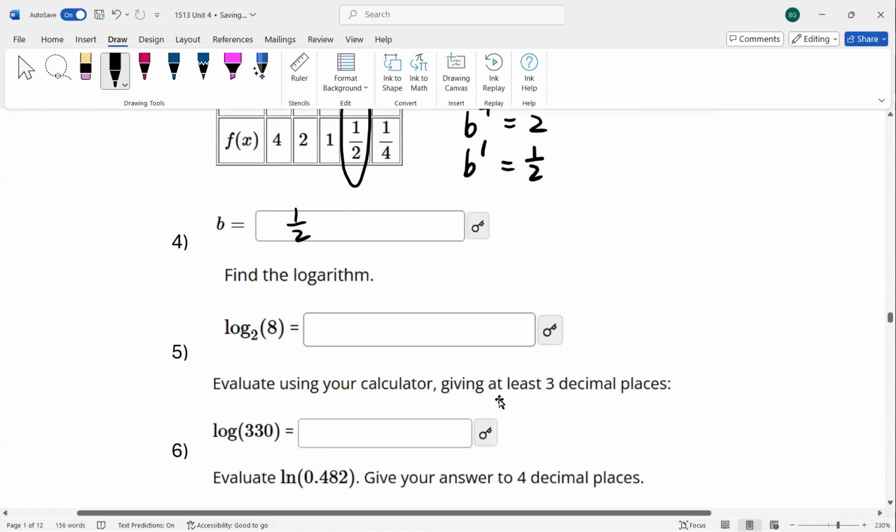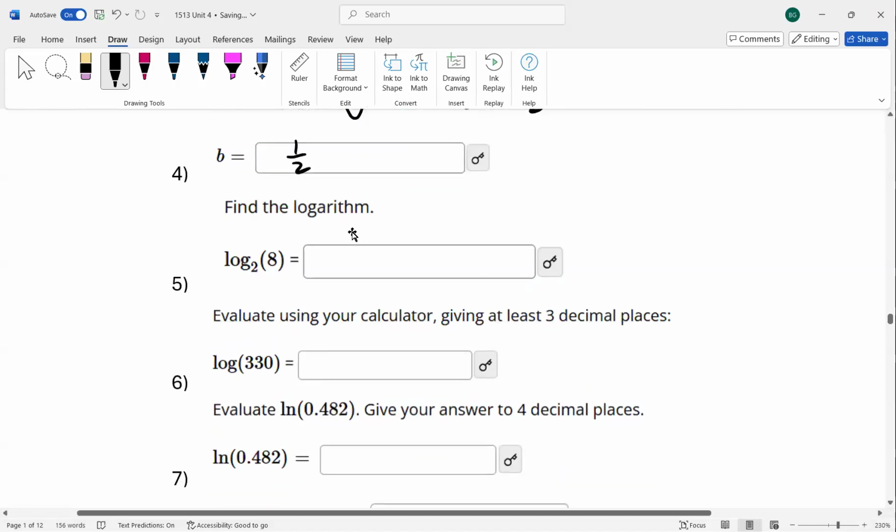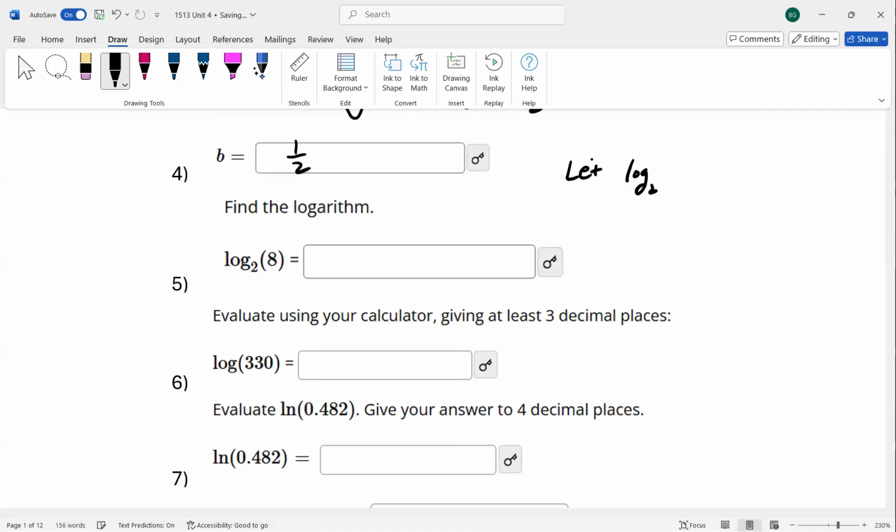And next, find the logarithm. Multiple ways to get it done. Find the value of this logarithmic function. One way to get it done is to let log with base 2 of 8 equal x. So we want to know the value for x, right?